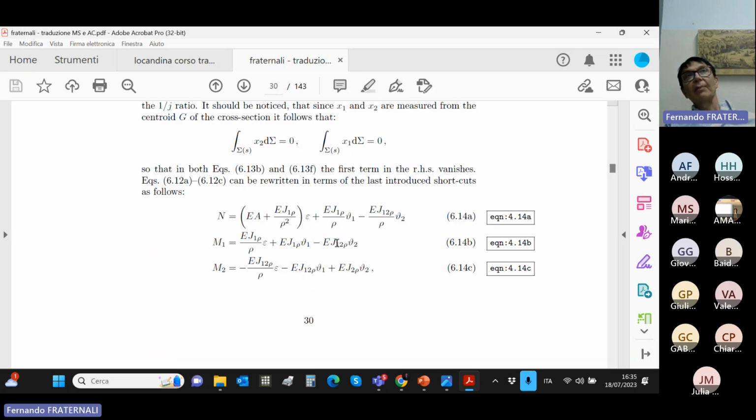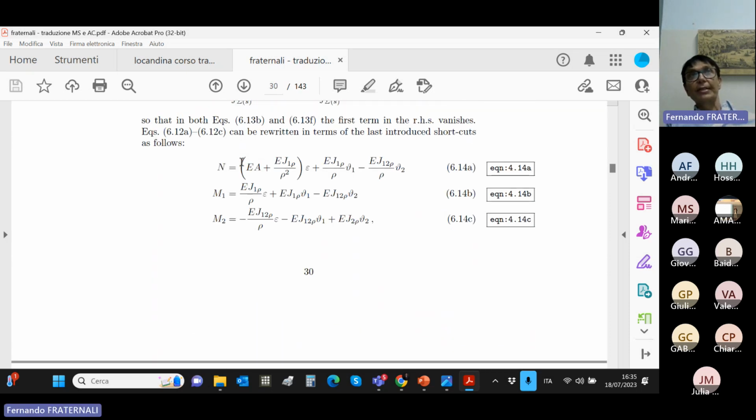This other coupling is due to the fact that we are assuming that the principal axes of inertia are not necessarily E1 and E2. This is the same coupling we had in the straight beam theory before, while the coupling term with epsilon is due to the curvature. Also here we have these terms that are standard, and we have another coupling term, which is related to curvature.